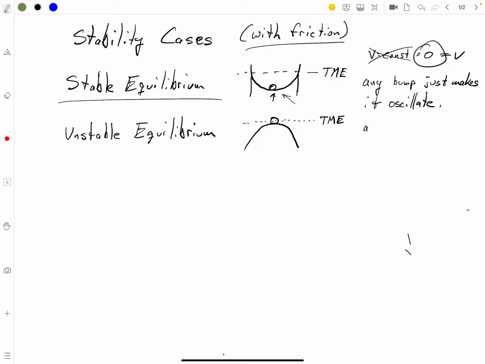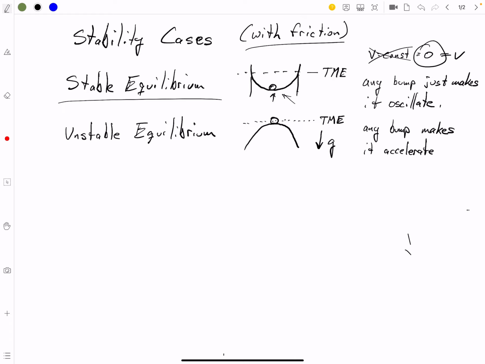However, any bump makes it accelerate. And of course, the reason why is because G is pulling down, right? So it's going to accelerate. And if we don't think about terminal velocity, it will just continue to accelerate, right?